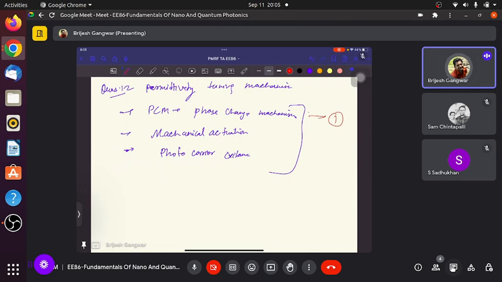The phase change material will change from crystalline to amorphous or amorphous to crystalline by applying some voltage or some heat, then the effective permittivity will change, right? So first one is the phase change mechanism, and then photo carrier excitation is second, and the worst one is mechanical actuation.